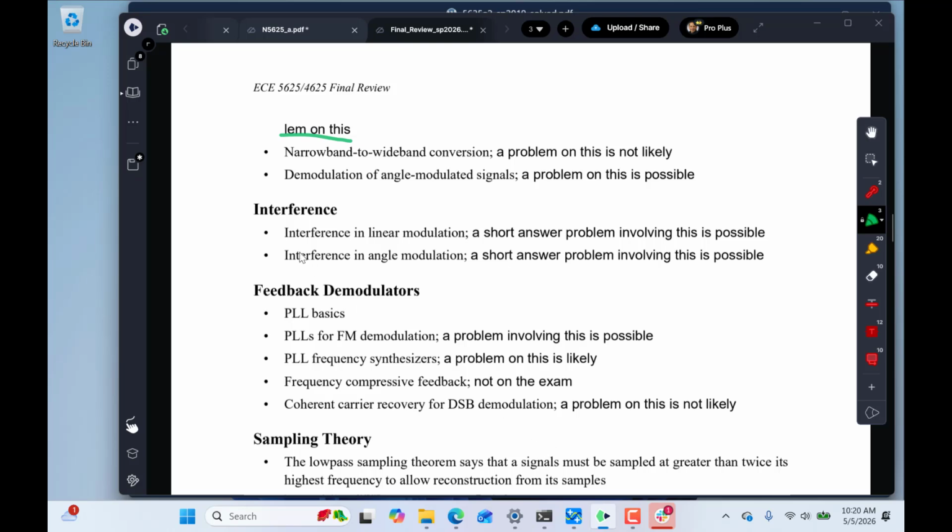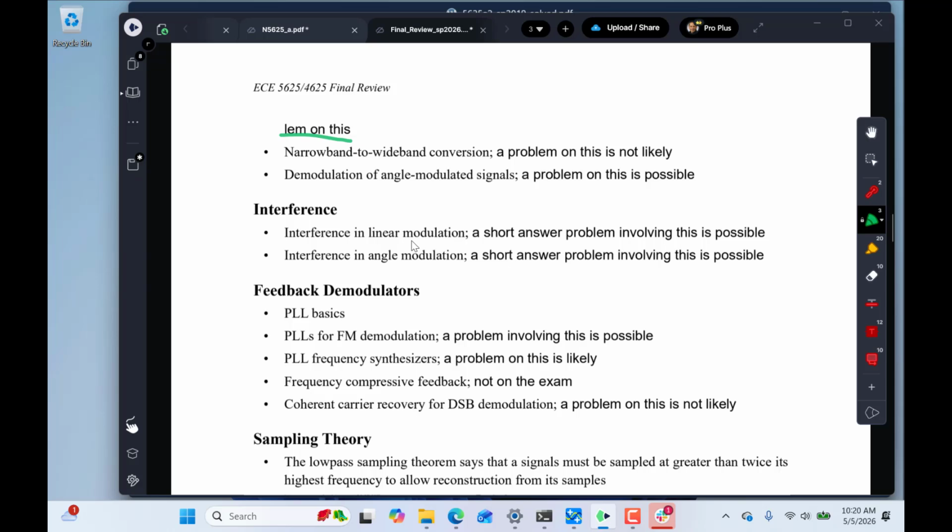This interference discussion, about the most I can do is summarize the good things to say, and they're summarized in the chapters. Linear modulation can tolerate interference if it's not too powerful, and it does so in a graceful fashion, even with noise.